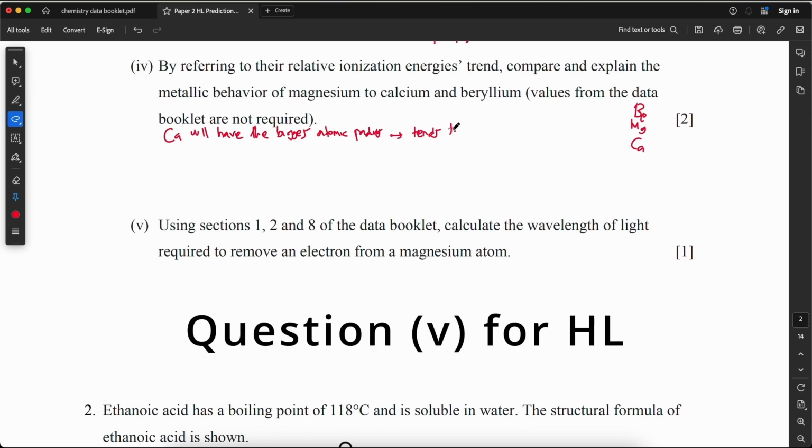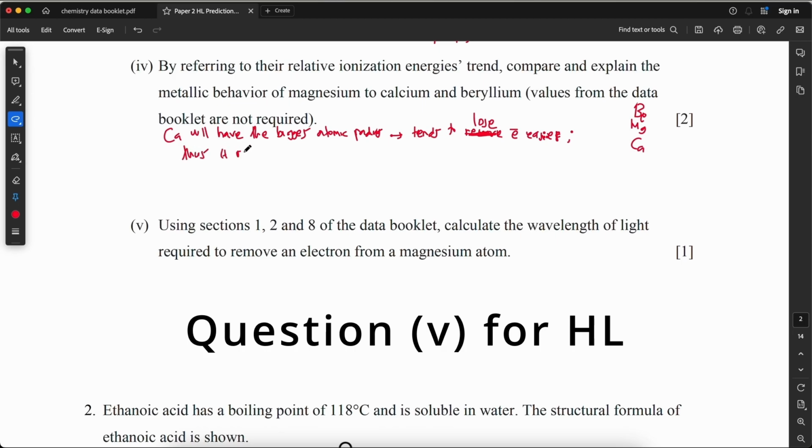tends to remove electrons easier, or tends to lose electrons easier.